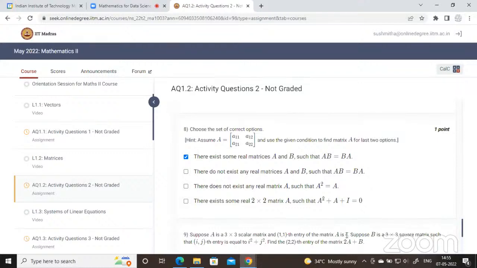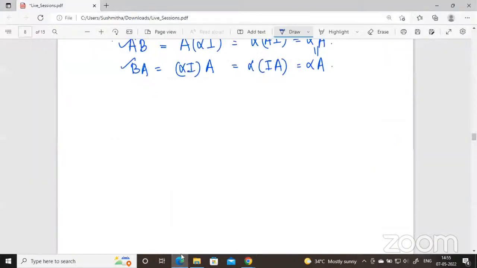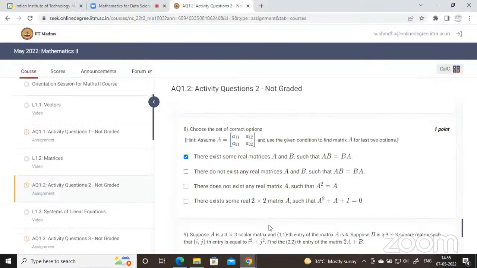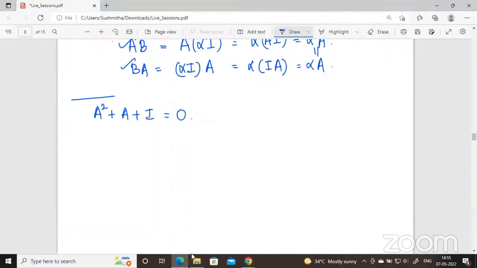Okay, ma'am. So what I want is A squared plus A plus I equal to 0. Have they mentioned any order? It's 2 by 2, so you just start with any a, b, c, d. So what is A squared?